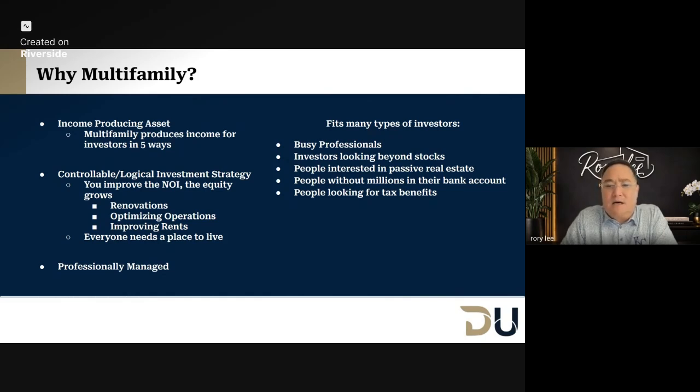What syndication allows you to do is be a part of this type of investment with a really low barrier to entry. So it makes it accessible for regular people like you and me to invest in multifamily and buy a 50 apartment unit building, which otherwise you wouldn't be able to do.